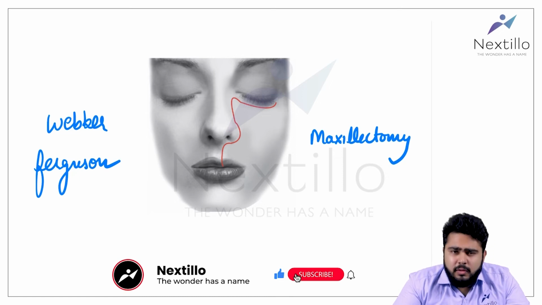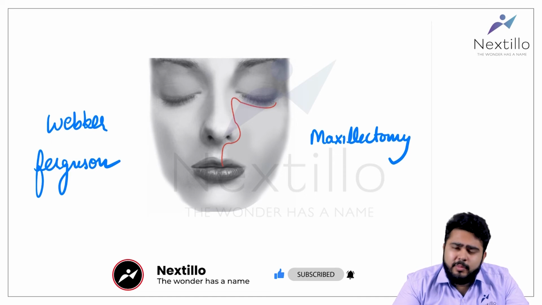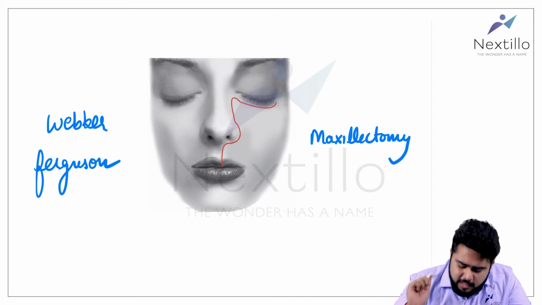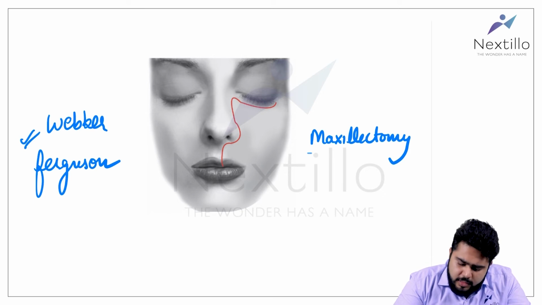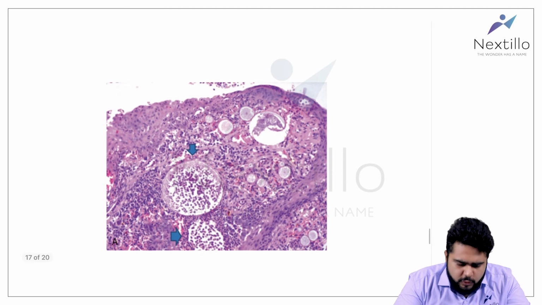There are other diseases also in which we have to do maxillectomy to provide space to reach the infratemporal fossa or other areas, but you don't have to go into that detail. Just remember, this is Weber-Ferguson's incision done for medial maxillectomy. Simple, straightforward question. Let's move to the next picture.